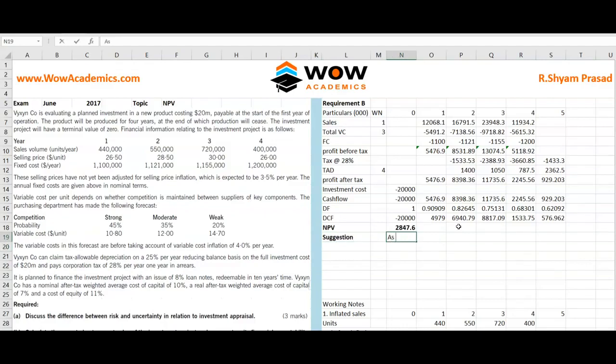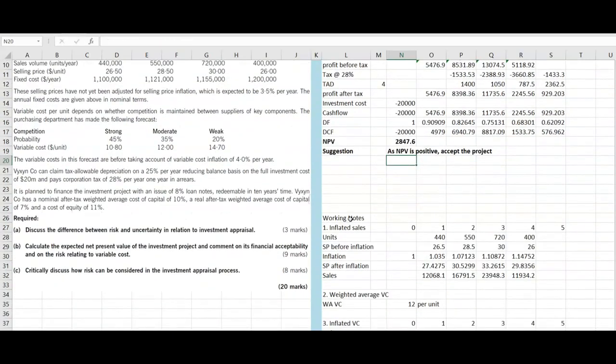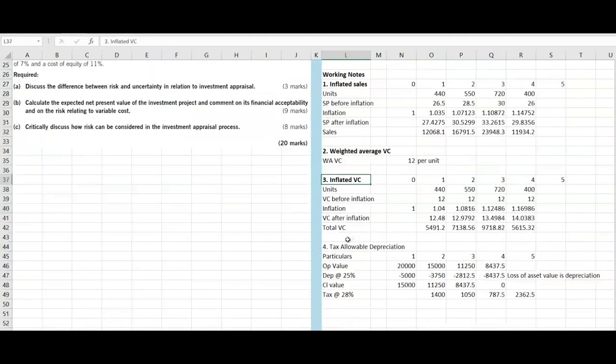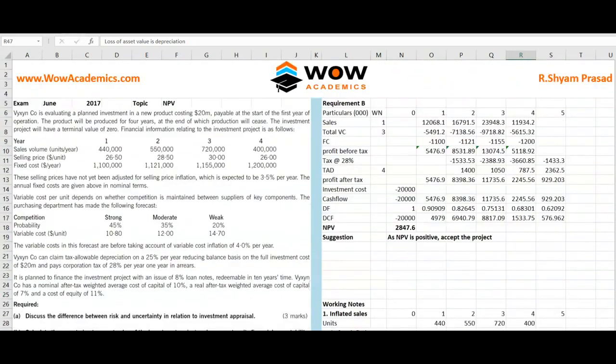The suggestion is, as NPV is positive, accept the project. So that's about accepting it. Wherever something needs to be highlighted, we do it. So we can highlight the working notes headings. The loss heading also you can highlight, so that it's a very important point.